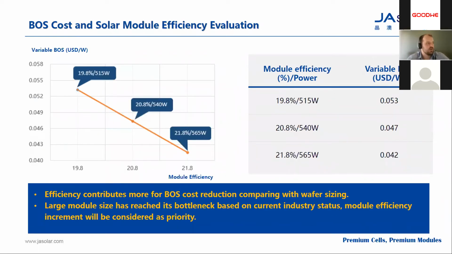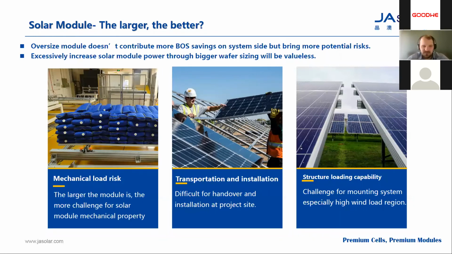Here's just some more information on balance of system costs. You can see as the efficiency of the module power increases, the balance of system does take a reduction. Now, there are a lot of discussions in the market: is it better to use higher power class modules? We found specifically that the sweet spot is typically in the 450 to 540, 550 range for the C&I space.